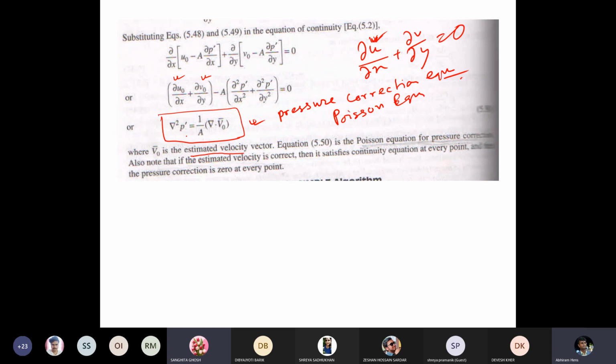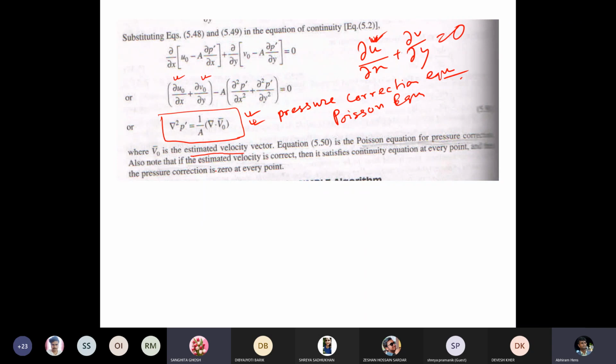So this pressure correction term we will try to solve. What are the three equations that we need to solve? We need to take the x component Navier-Stokes equation and the y component Navier-Stokes equation in 2D, and we need to solve this pressure correction equation also.